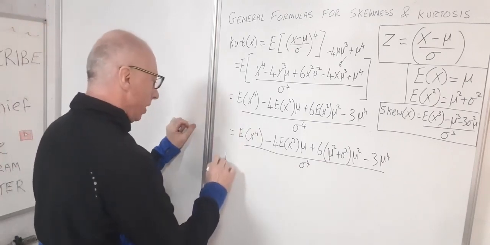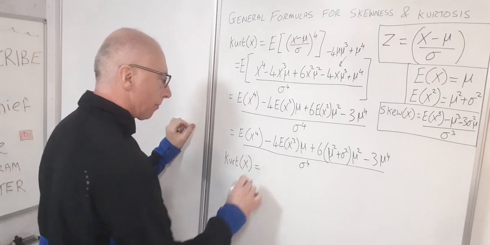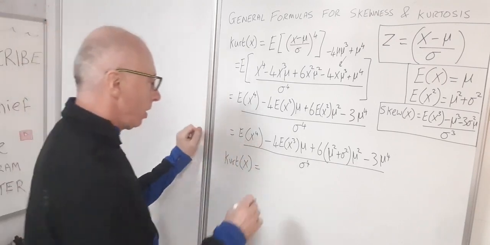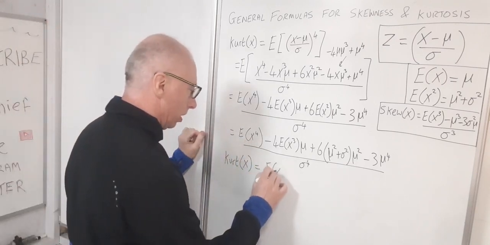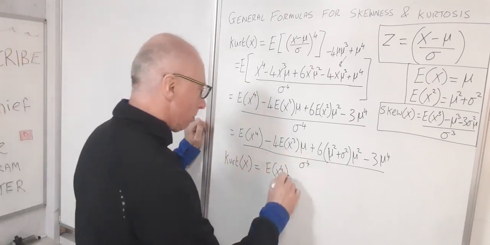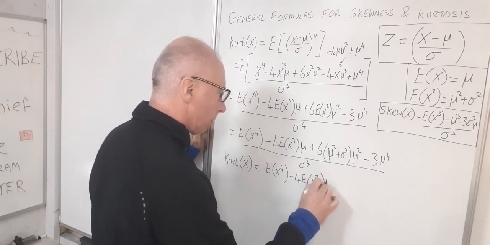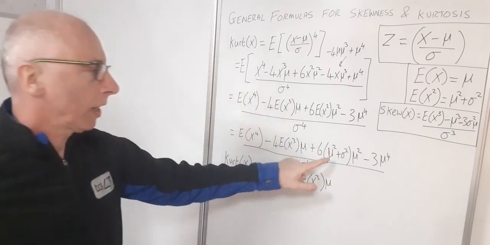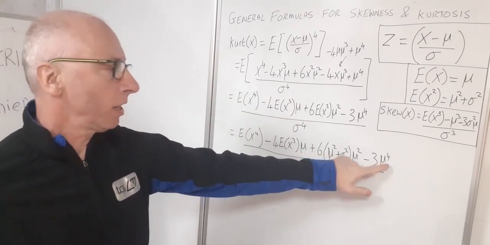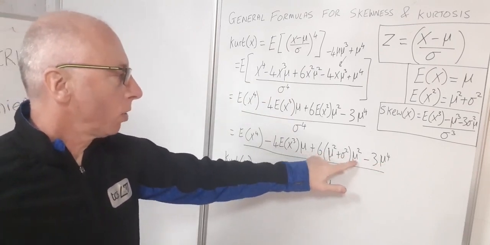So then I'm going to write here now my kurtosis of our random variable x. So expectation of x to the 4. This one we can't do anymore. So minus 4 times expectation of x cubed times mu. Okay, let's expand this one out and let's see if we can go straight in with this one. So we've got plus 6 mu squared times mu squared.